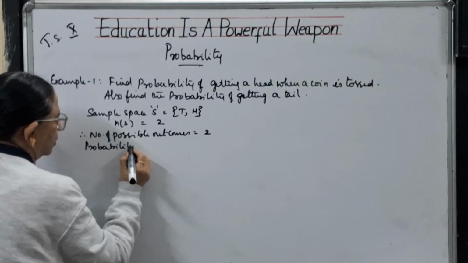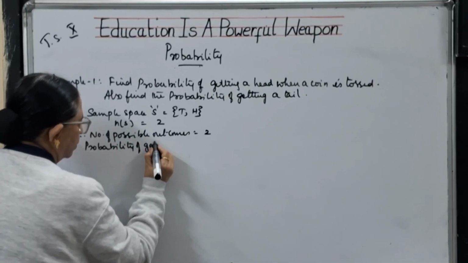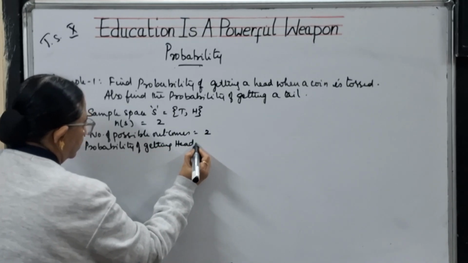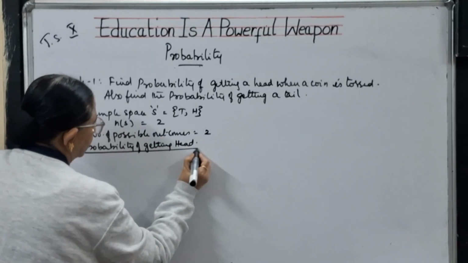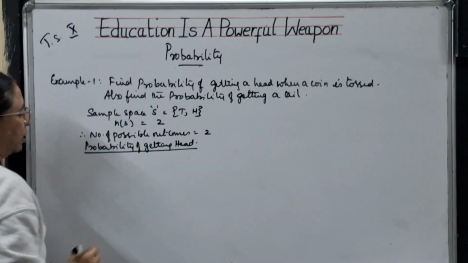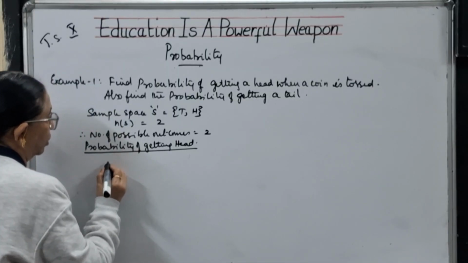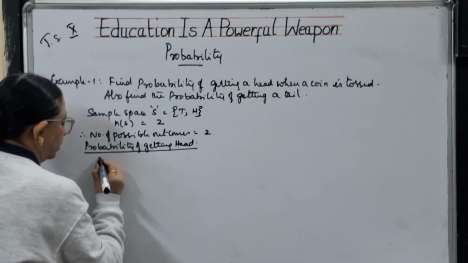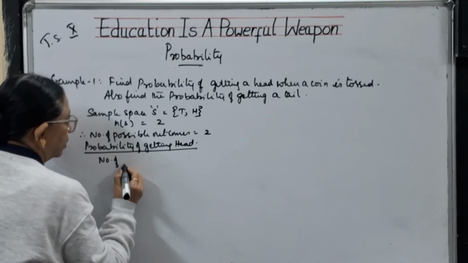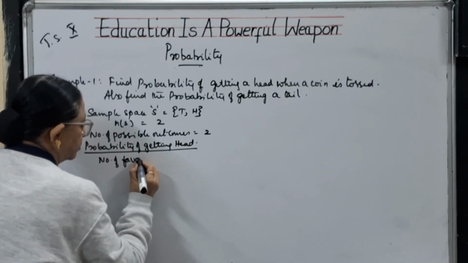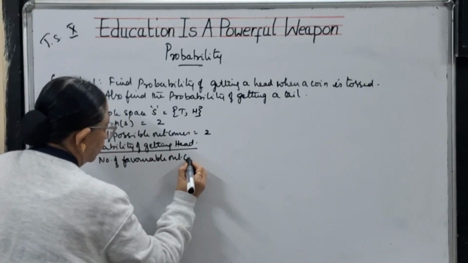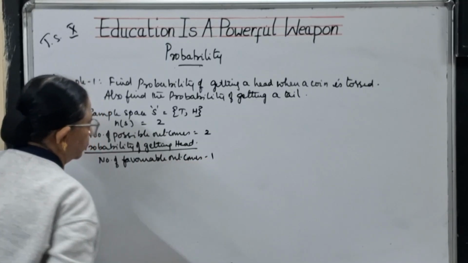And we want the probability of getting head. Probability of getting head we are going to talk about. Here there is only one chance. So the number of favorable outcomes is equal to 1.